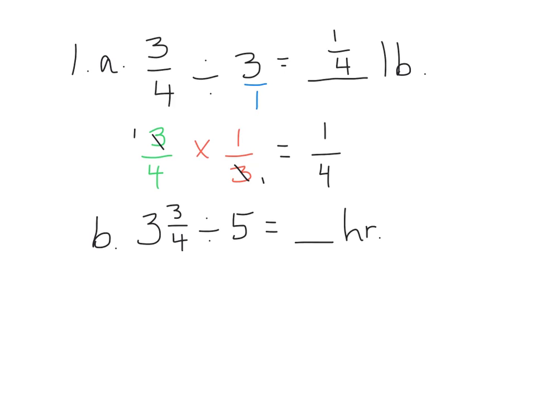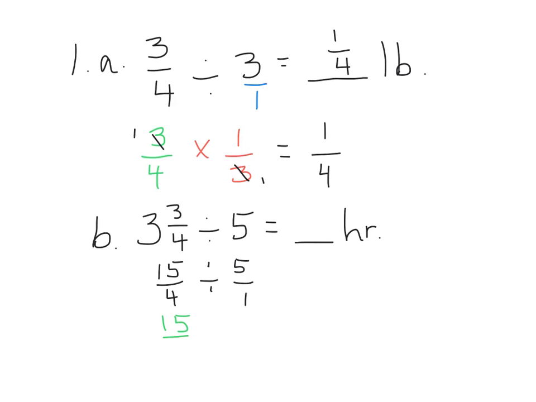Or how many hours? Okay, the first thing I want to do is convert everything to fractions. So 4 times 3 is 12, plus 3 is 15, so I have 15/4 here, divided by, remember I'm not copy changing yet. I want to wait until I have everything converted to fractions, and then 5 will go over 1. Now I can do my copy, change.